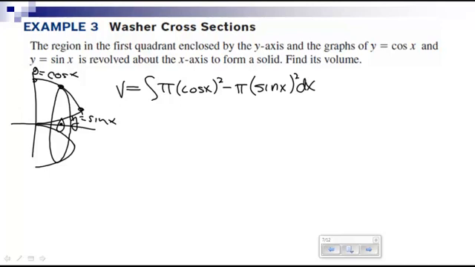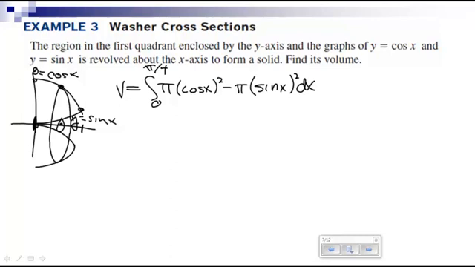And what range of values does x take on? Well, the smallest value of x for this is 0. And where was the intersection of those two curves? Pi over 4. Okay, so that problem lent itself to being able to write pi big R squared minus pi little r squared because the two edges of the surface were two different curves.